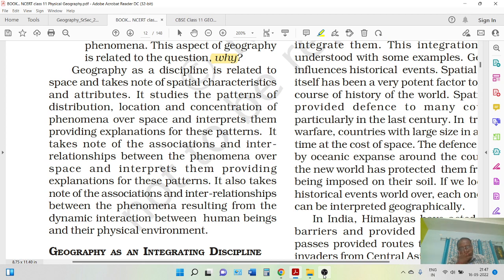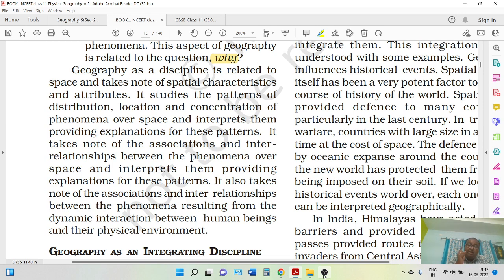So let's recapitulate what we have studied. First, what are the three important questions? What, where and why. Second, geography takes two aspects: one is spatial organization and another is spatial integration. Third, geography is very dynamic and interactive in nature.